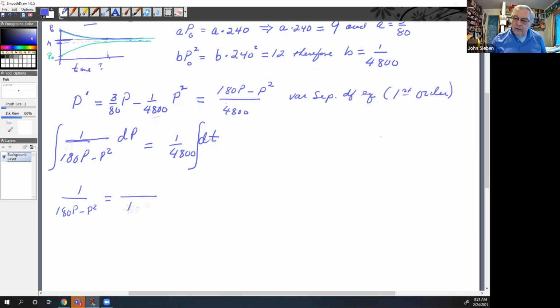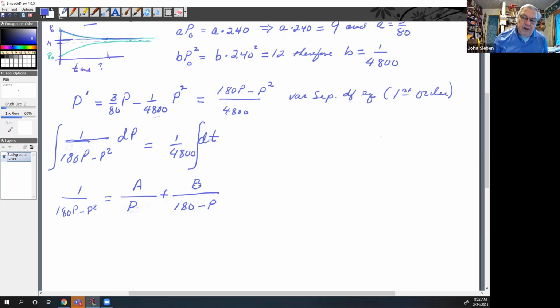That wasn't what I wanted. P, and then this would be 180 minus P. So this is how we would factor this quadratic. And this time it factored into linear factors. Now I want to add those, and then this would have a numerator A, and this would have a numerator B. And what I'd want to do next, kind of put the calculus aside, is to find the values of A and B.